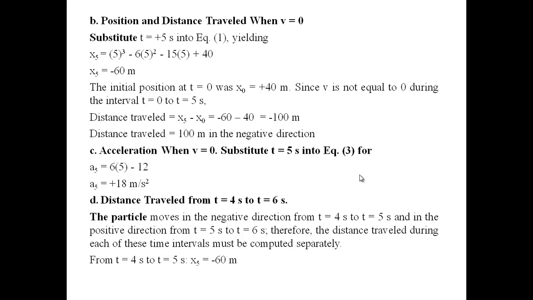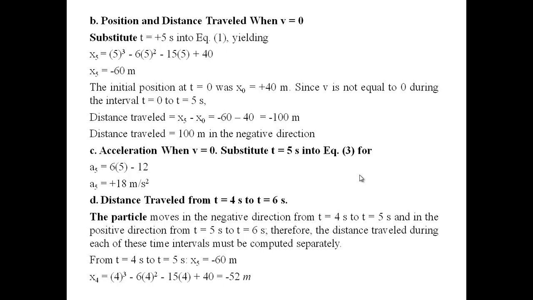From t is equal to 4 seconds to t is equal to 5 seconds, we know that the position at time 5 seconds is equal to minus 60 meter. So we have to calculate the particle's position when time is equal to 4 seconds. x4 is equal to 4 cube minus 6 of 4 square minus 15 of 4 plus 40, based on the equation x is equal to t cube minus 6t square minus 15t plus 40.